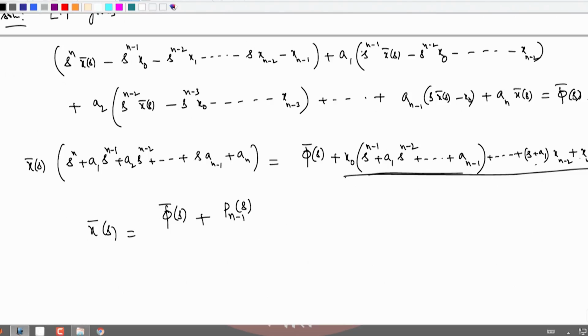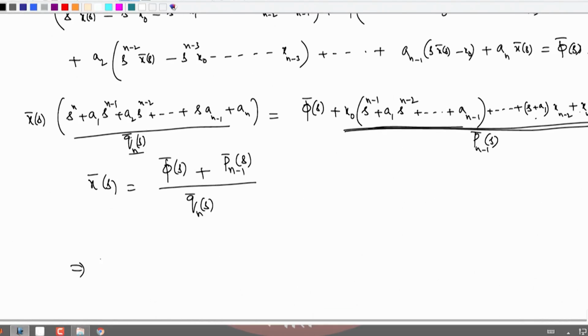This one is a polynomial of degree n, let me call this q n of s, because the degree is n. Of course, because it is bar, let me put bars. Okay, so let me call them as bars.